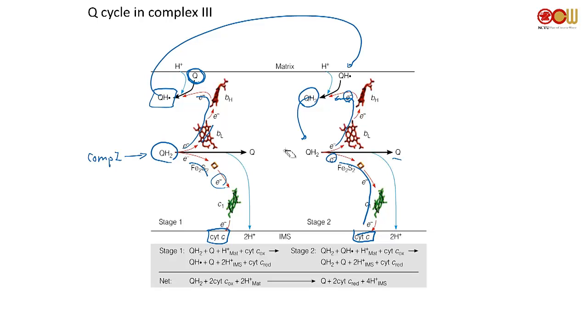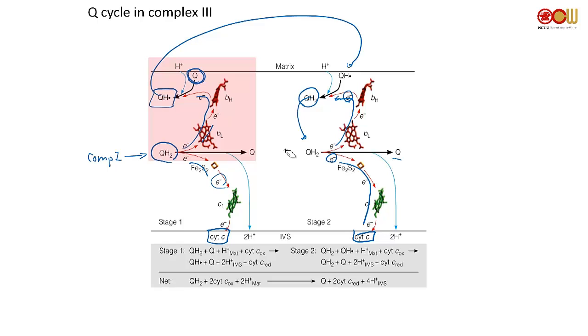So this is how Q is able to pass 1 electron at a time to cytochrome C, because Q itself has 2 electrons. Every time you pass an electron from QH2 to cytochrome C, you can only pass 1 electron. So that's going down. But as a result, you will always kick out 1 other electron, and that other electron has to go somewhere.